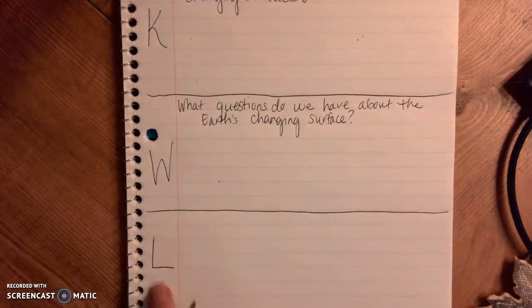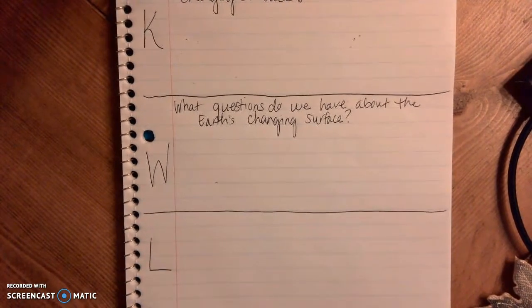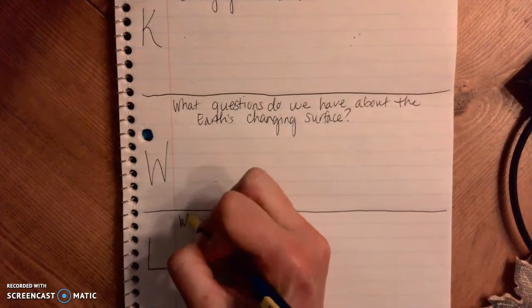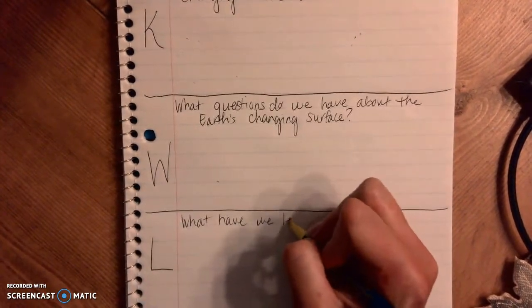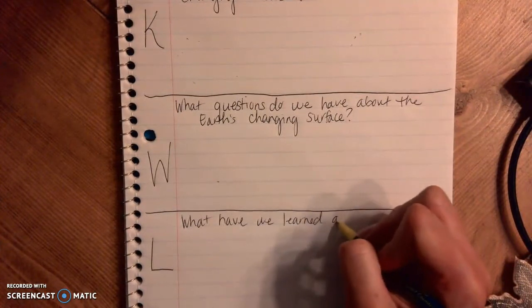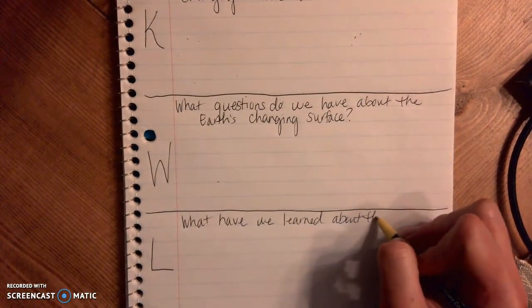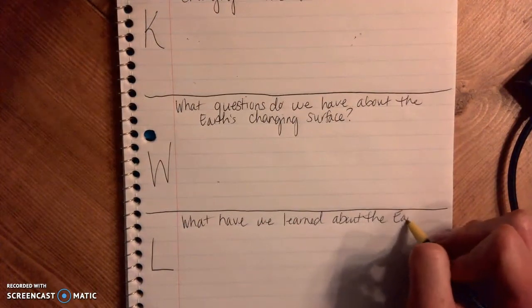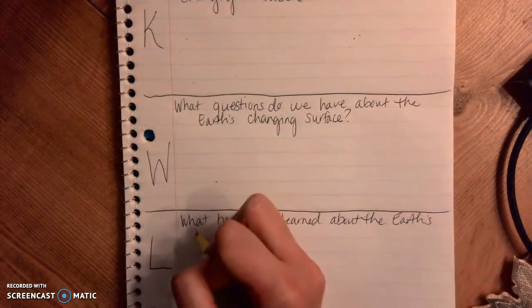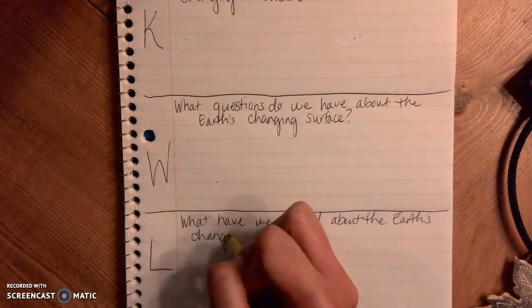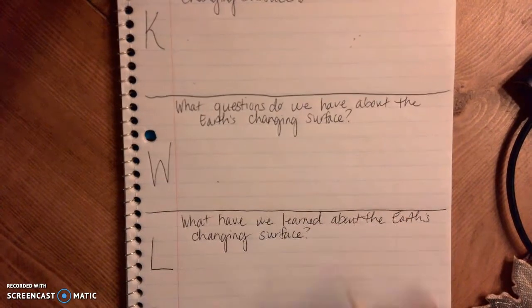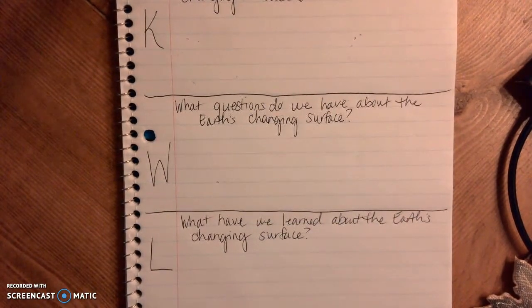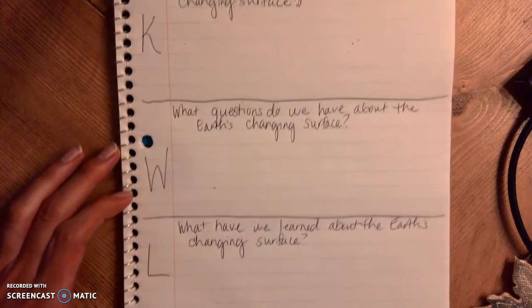And finally, this last section we actually don't fill in now, we fill it in at the very end of our unit. What have we already learned about, or what have we learned about the Earth's changing surface?